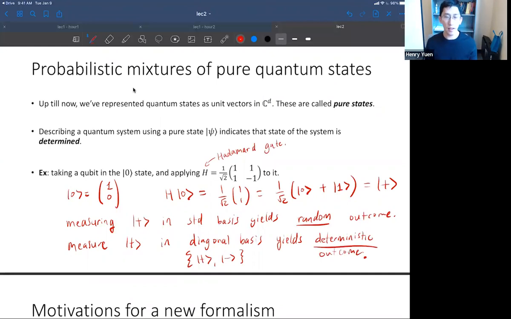Clearly, if you measured in this other basis, since the plus state is one of these basis vectors, you're going to get that outcome with probability 1. So in that sense, it's kind of like a deterministic quantum system.